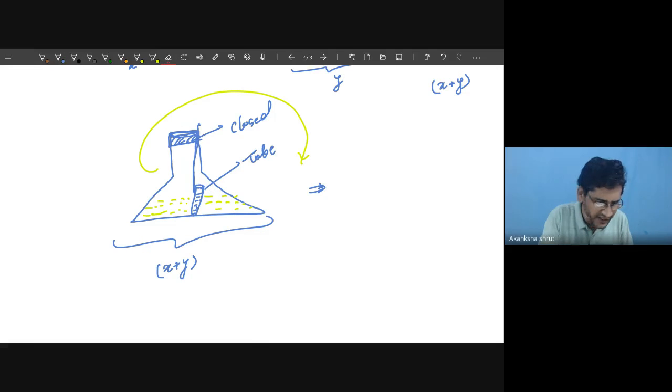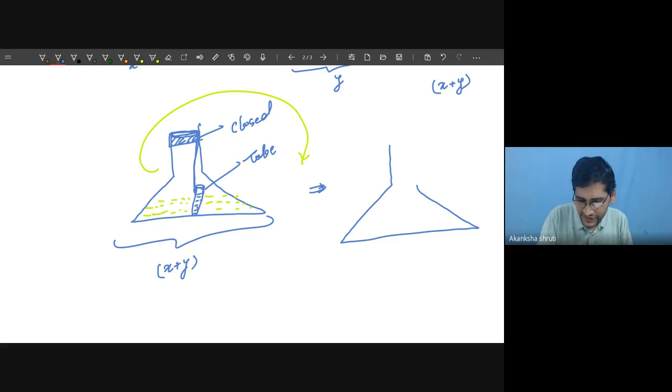So let us take it like this. Draw the other figure, in which the conical flask is again taken. This end is packed.